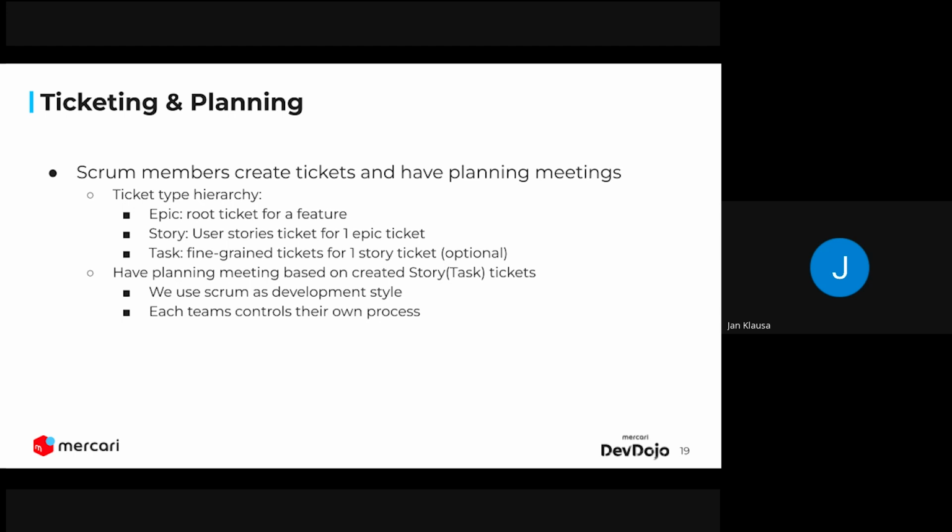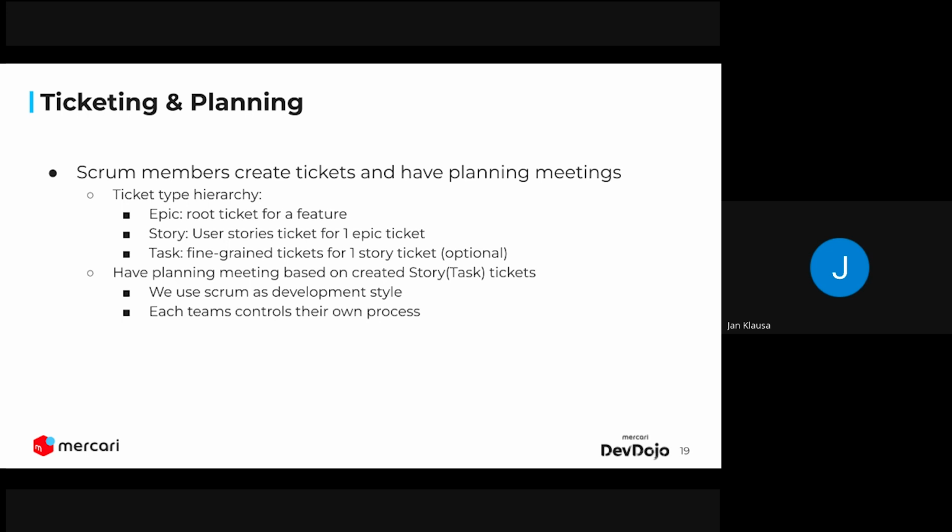So let's say you have some functionality, then a story ticket would be like, users can like an item on the item detail page. Then a task is a fine-grained ticket for one story ticket. It's optional, but sometimes useful because a story ticket is kind of vague or very big.